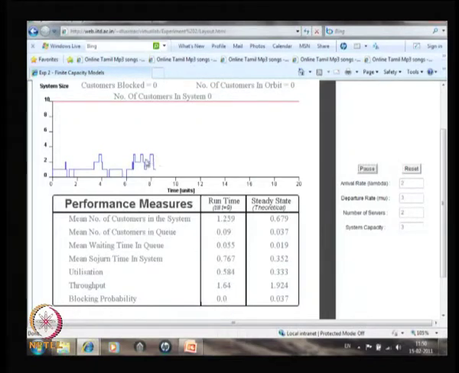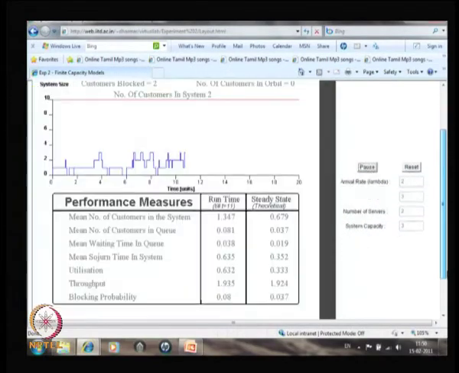There is no arrival after crossing the capacity of the system, therefore you are still getting the blocking probability 0, whereas the steady state theoretical result says 0.037. So, one can simulate with different parameters and you can see the sample path.